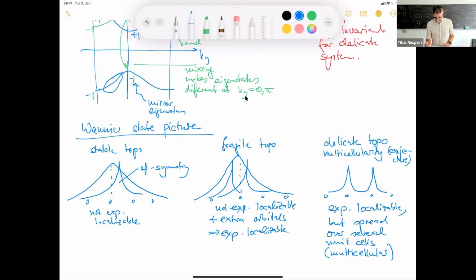But there are Wannier states in every unit cell as before. So the next one would look like this and so on. They are overlapping, but they can be orthogonal in their internal structure, because every unit cell has already 2 degrees of freedom and so forth. So yeah, good question, but still one per unit cell.